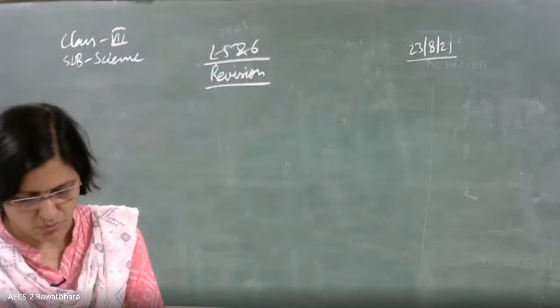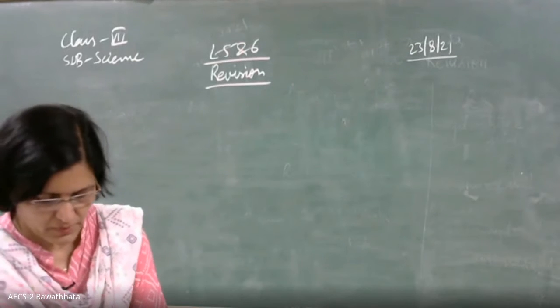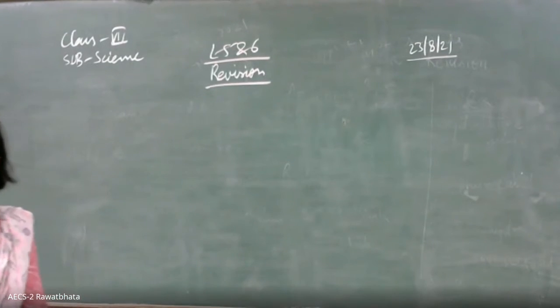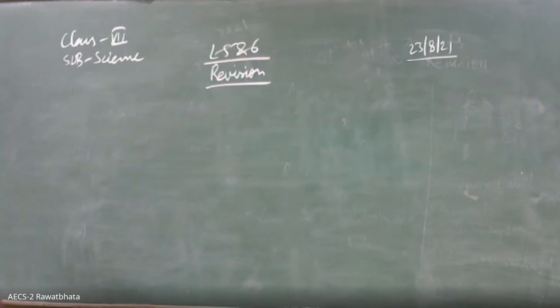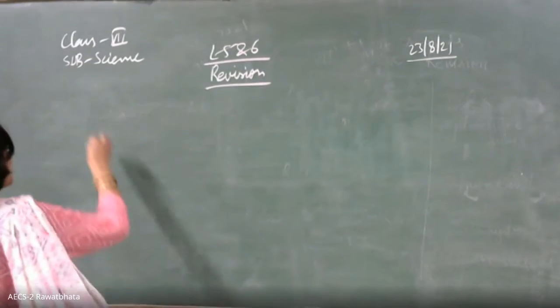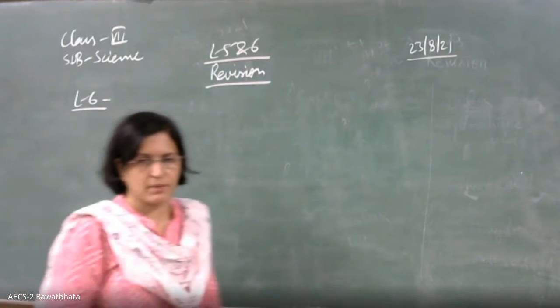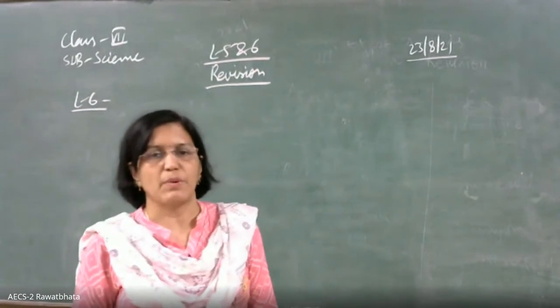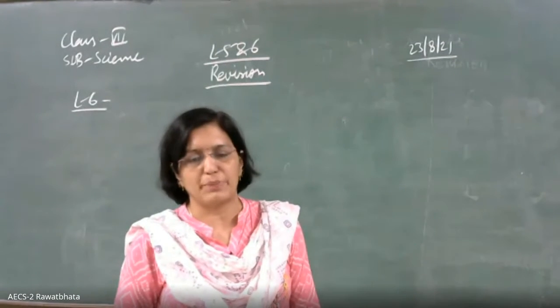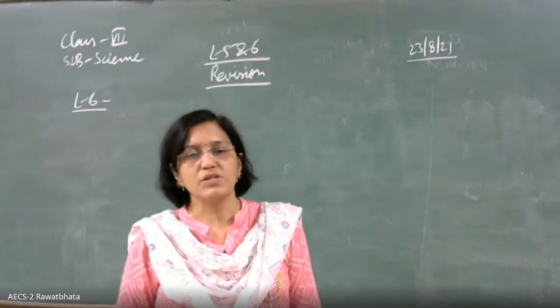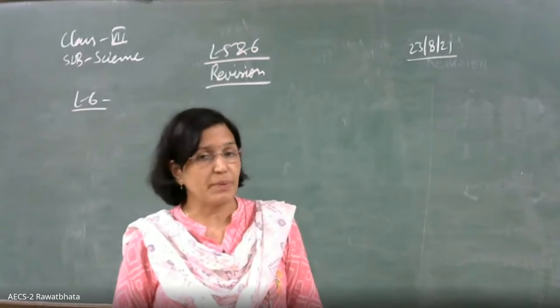First and foremost, in the options they may ask us to identify the physical and chemical changes. For example, they may ask us to identify the physical changes among the following: burning of paper, cutting of paper, making of food. Out of all these, of course, we know that cutting of paper is a physical change.